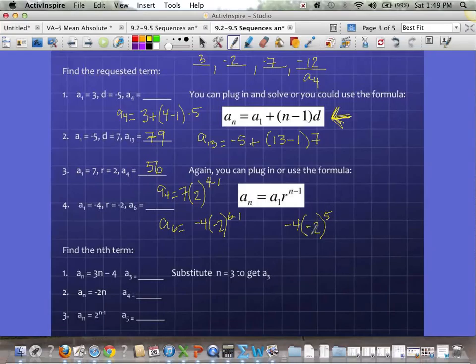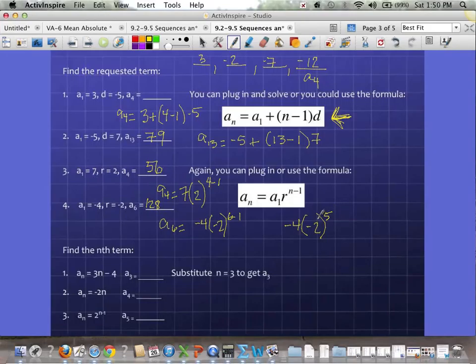This has to be done first. Negative 2 to the 5th power is going to be negative 32. Negative 32 times negative 4 is going to make 128. So a sub 6 is 128.